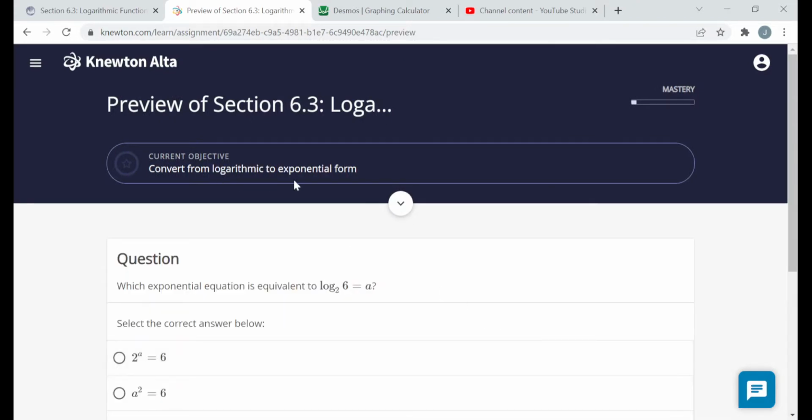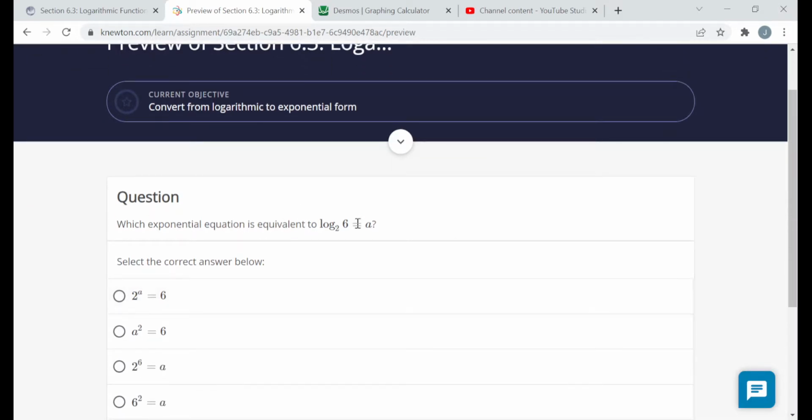Now we're going the other way around. And again, it should be very simple to go back and forth if you know the forms. Right? So convert from logarithmic to exponential form. All right, so I'll do the same thing where I'll write this out, and we'll change it to its equivalent exponential form.